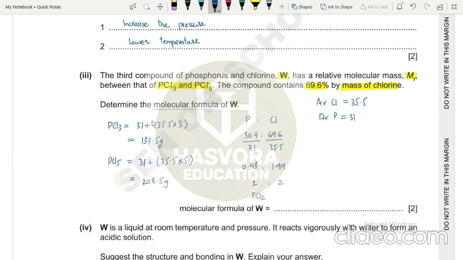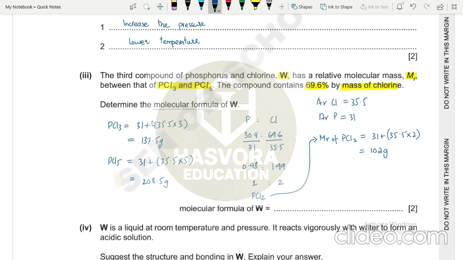Now if we find the Mr of PCl2, which we have found, it will be 31 plus 35.5 into 2, or you can simply write 71. So it will be 102 grams. Now this does not lie between these two values.